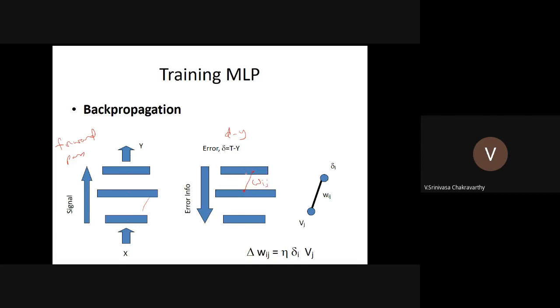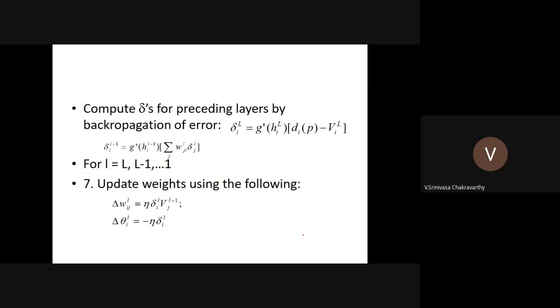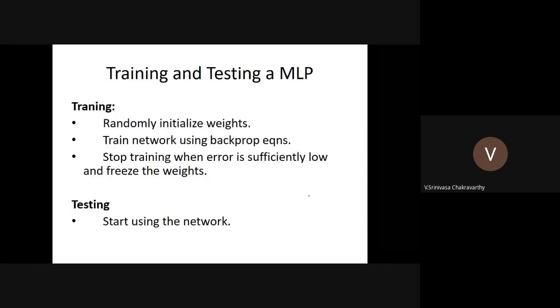Then all the weights are updated in one shot using this general scheme. Like I said just before, take the delta at the output end of the weight times V_j, the state at the input end of the weight, and multiply these two with a step size. You get the update. The same thing you can do for any number of hidden layers.